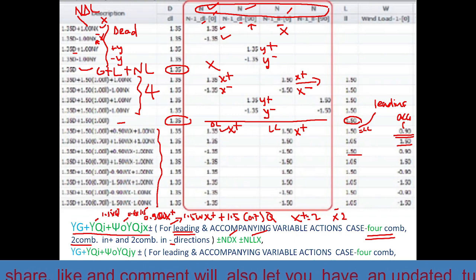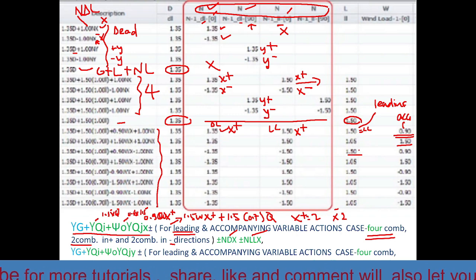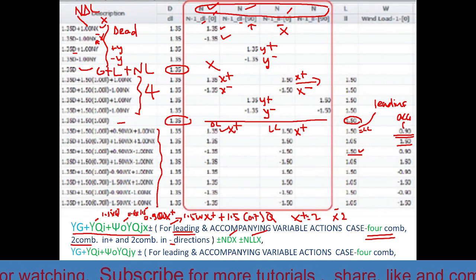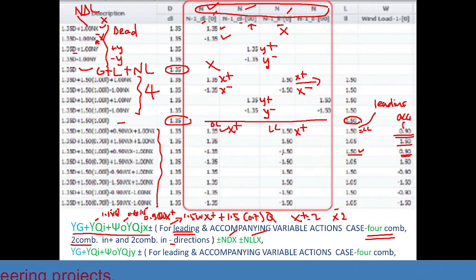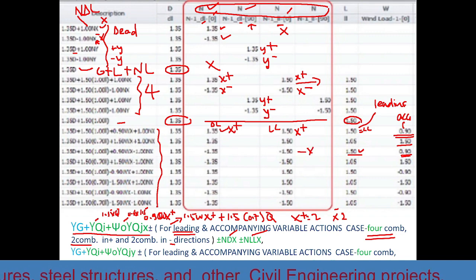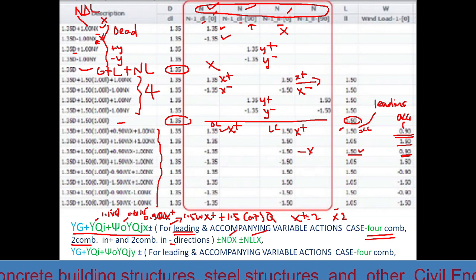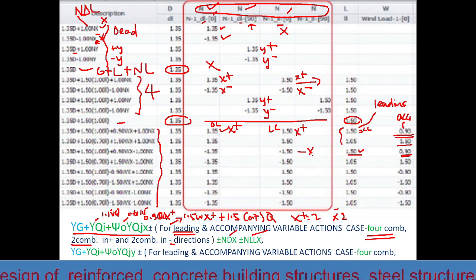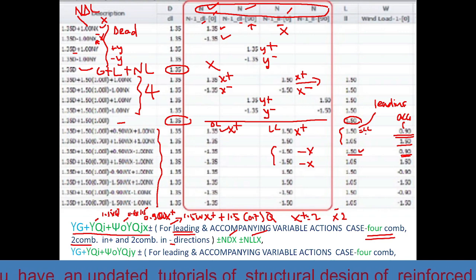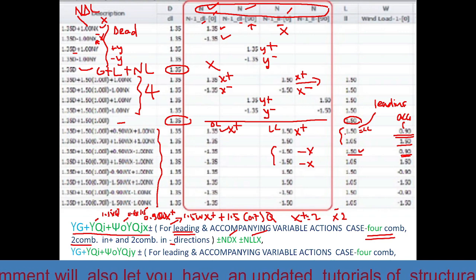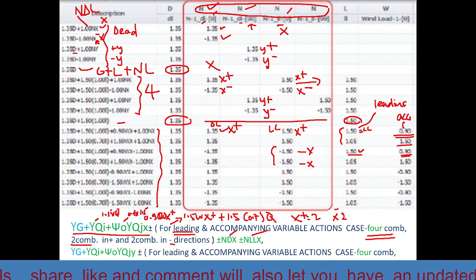Here the floor live load is the accompanying one and the wind load is the leading one, in the minus x direction. So in positive x direction, we'll have two combinations. In negative x direction, we'll have two combinations. So totally, how many combinations are there in x direction? Four combinations.